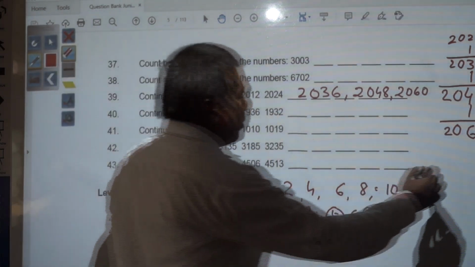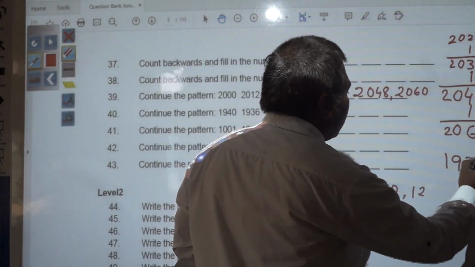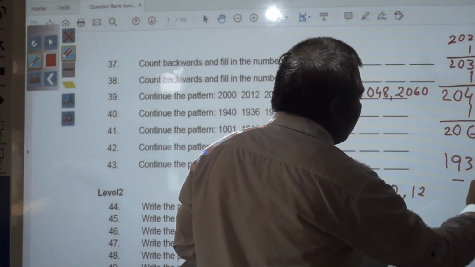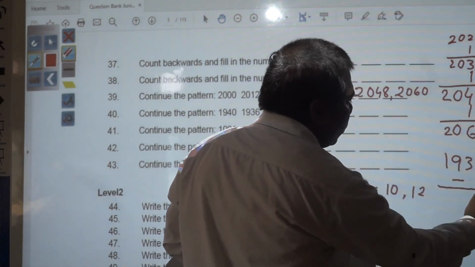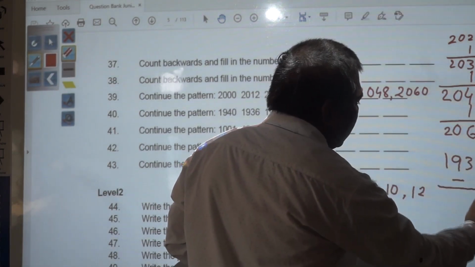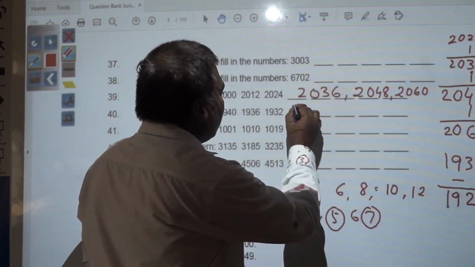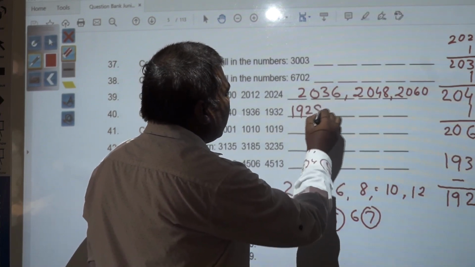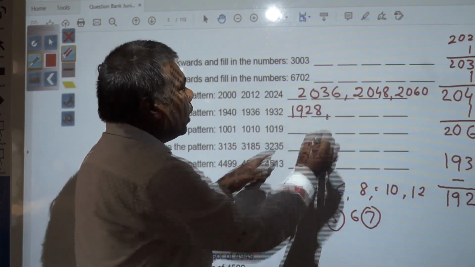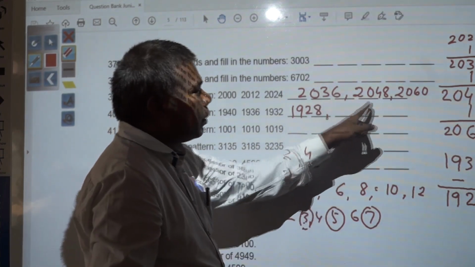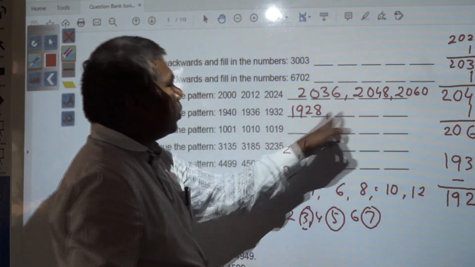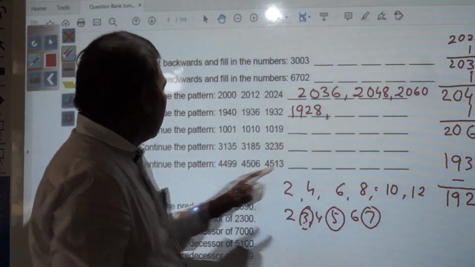So what will it come to? 1932 minus 4. 12 minus 4, you got 8, 2, 9, 1. So here you got 1928. Again you subtract 4 and write the next number. Then subtract 4 and write the next number. So this is following one pattern.